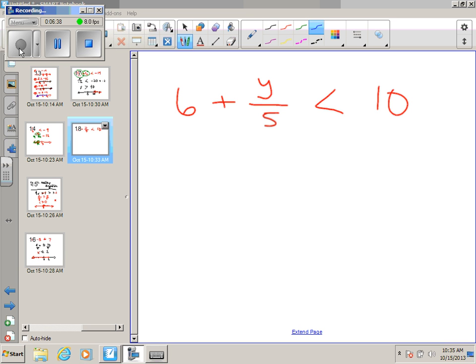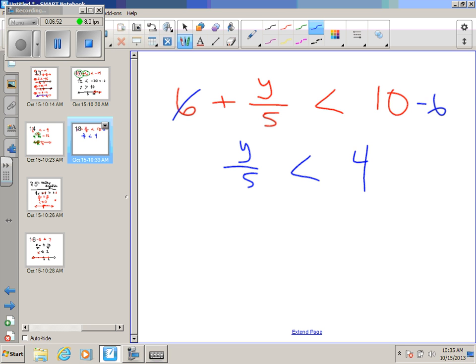I see where my variable is for my second step. My first step is to get rid of this positive 6 by doing what? Subtract 6. Y divided by 5 is less than 4. The opposite of dividing by 5? Multiply by 5, and we get 20.